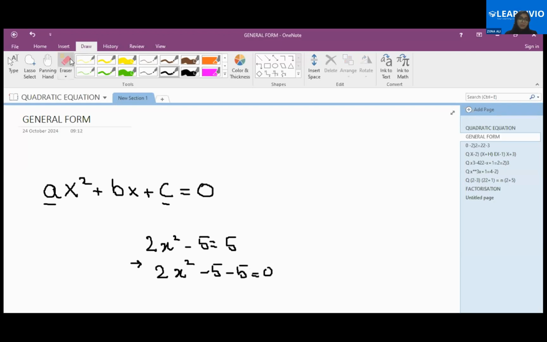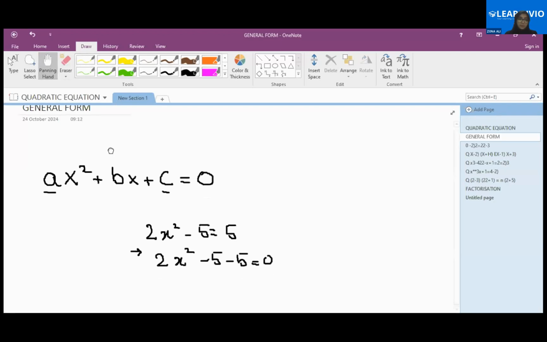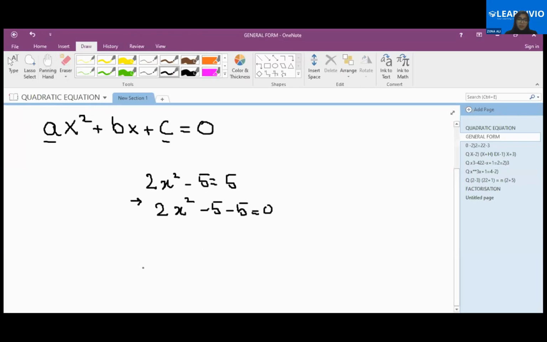Now I can write it as 2x square minus 5 will give you minus 10 is equal to 0. Now I can write it like 2x square plus 0 into x. Anything multiplied by 0 will give you 0 after all, right? Yes. Minus 10 is equal to 0.